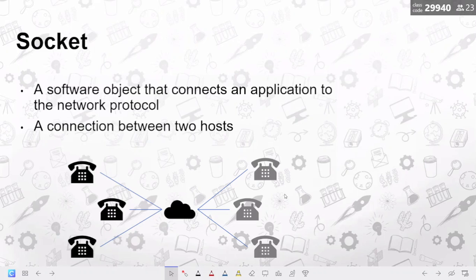So in computer network, a socket can be a software object, or let's say just a variable, that allows us to connect our applications to the network protocol. With a socket, it helps us build an application that can send messages to or receive messages from the network.